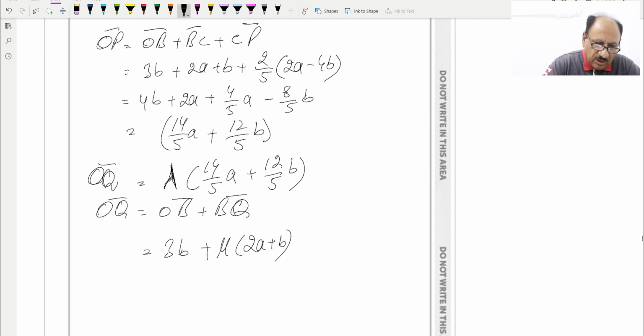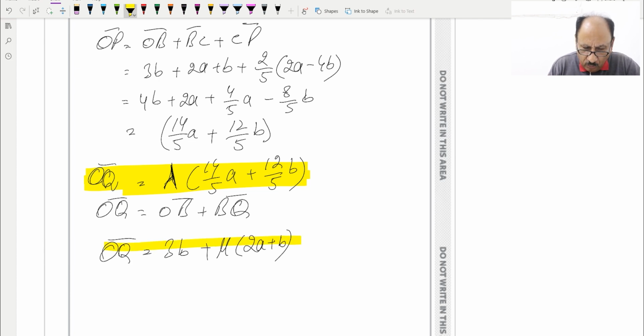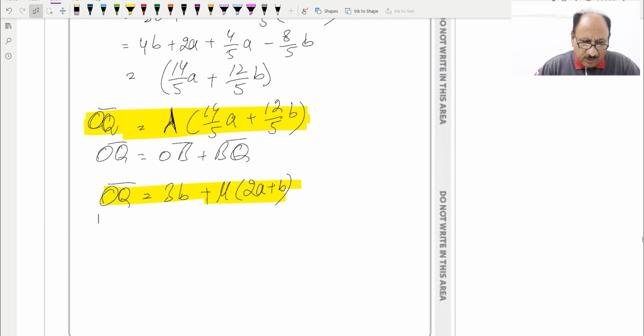So whether we are taking this route or this other route which we have just written, both routes are the same distance.